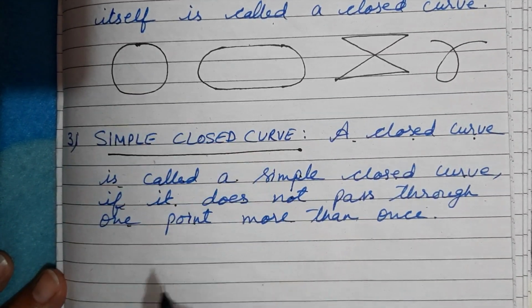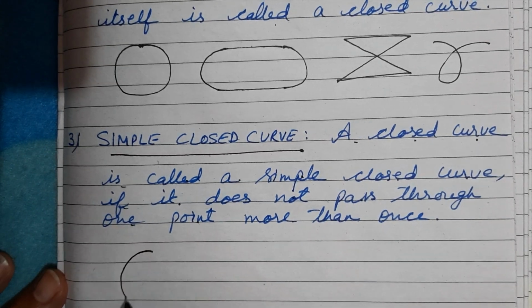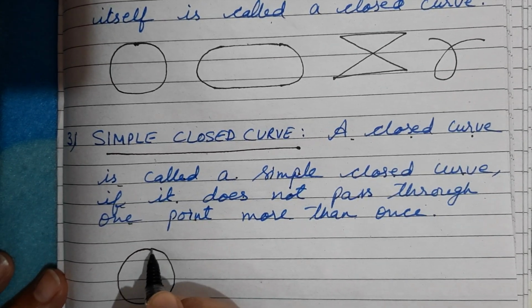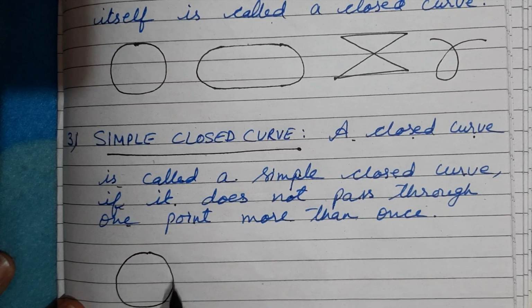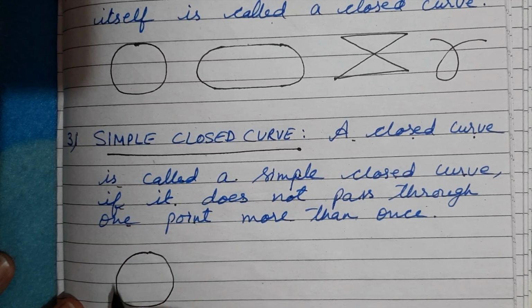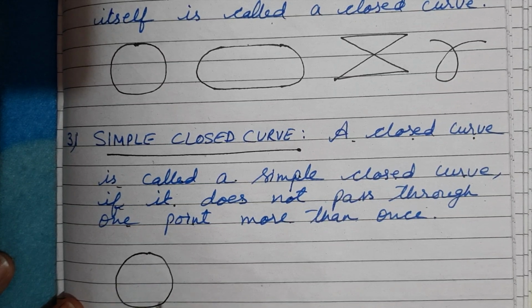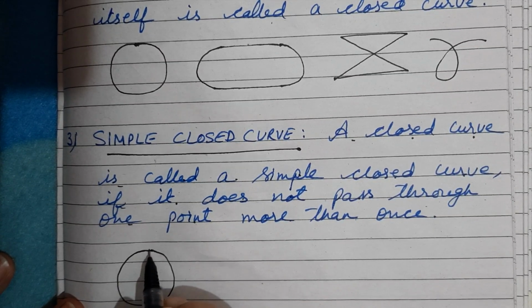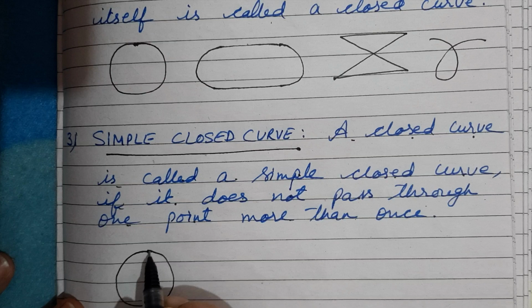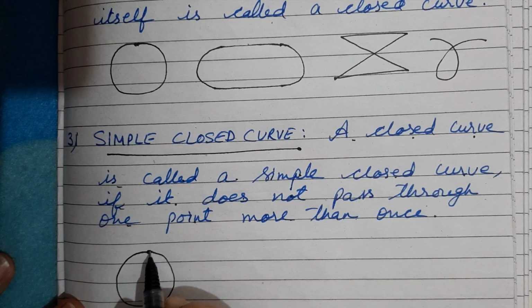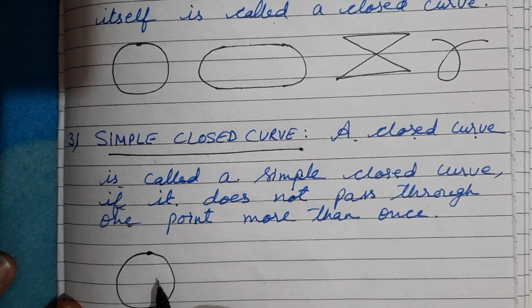If we see this circle, this is an example of a simple closed curve, because the circle is also a collection of points placed together, and by joining all those points we are getting this circle. This is the starting point, and with this starting point, that is the ending point. So this is a simple closed curve.